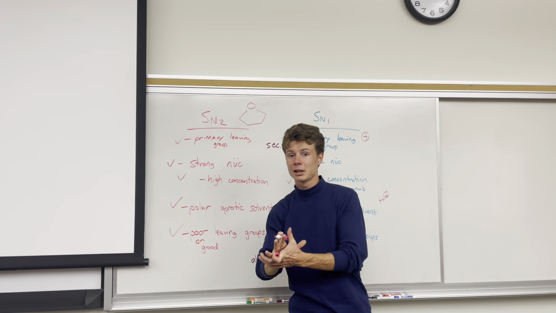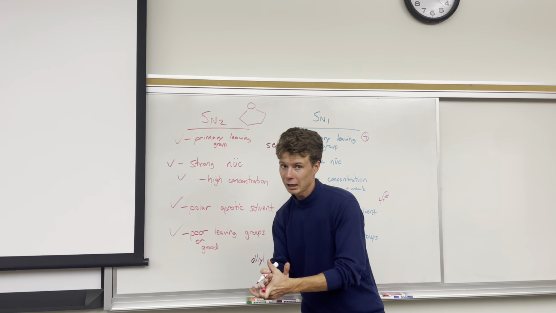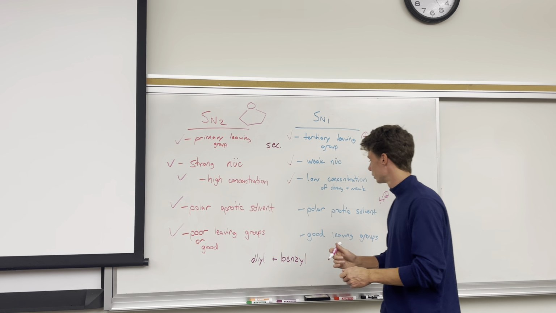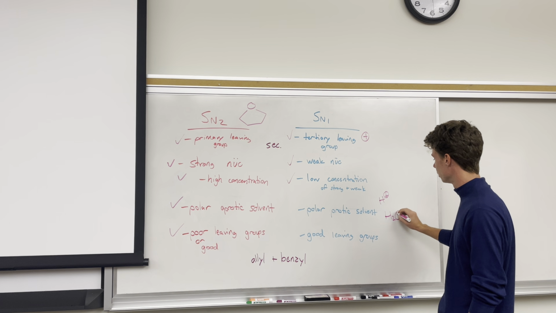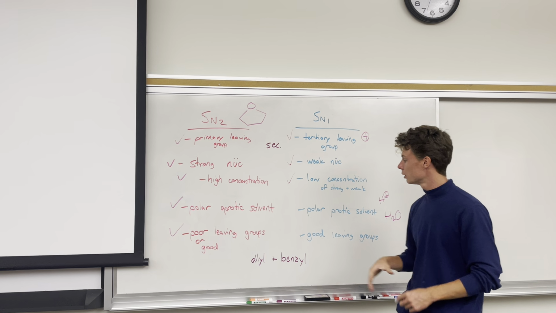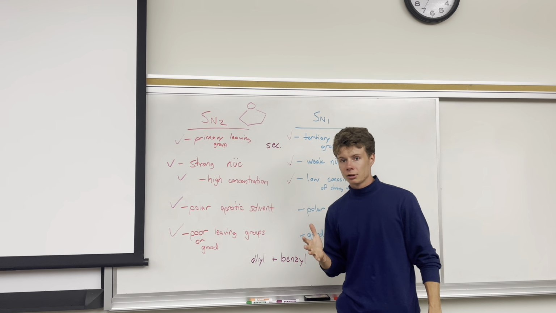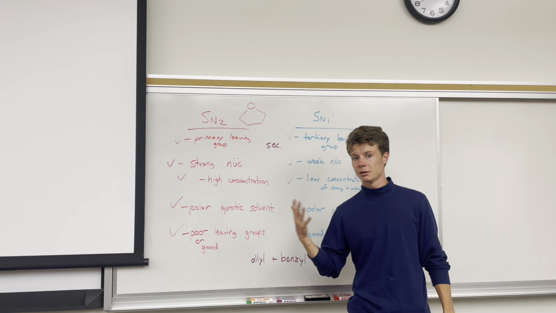So we're hindering the effect of our nucleophile. We're going to have a slower reaction. It's going to be SN1, okay? Common polar protic solvents: water, methanol, okay? Anything with hydrogen bonding, polar protic solvent, we're kind of messing up our reaction there and making our nucleophile not as strong, not as effective. SN1.